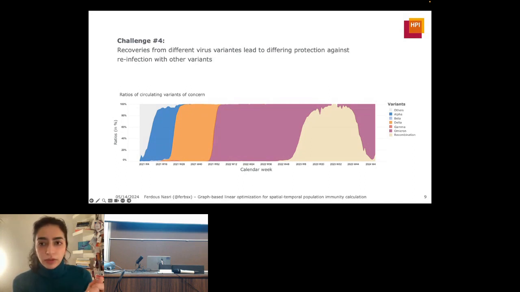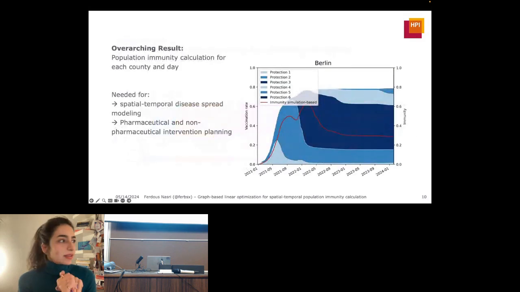This wasn't available data that we could get, so we had to assume that people would get infected with the variants of concern in the area that is most active at the time. And then we look into how much immunity that variant provides against other variants in the future. And this is what we did, and we put everything together in the end.